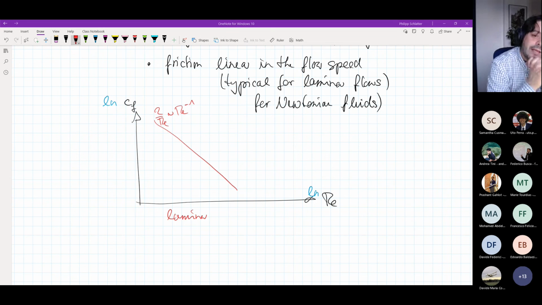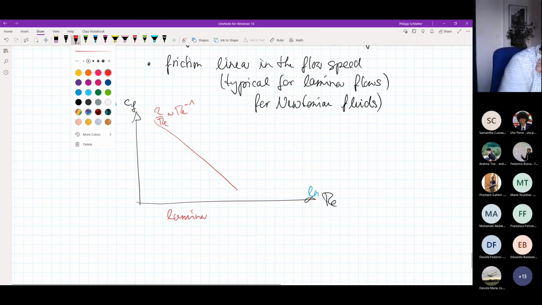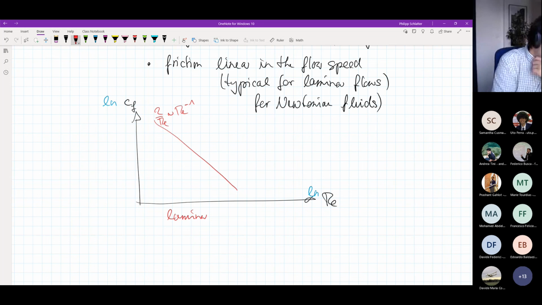Well, it's actually a trick question, because the question is not well posed. It's not a good question, and that's what we will discuss in much more detail on Friday, in the second hour. Well, what happens if I suddenly become turbulent? What happens if I do as Reynolds did, and increase the Reynolds number? At some point, I will leave this straight line, and it will actually jump up to another value, which then maybe looks like this.